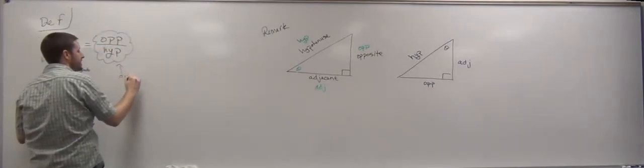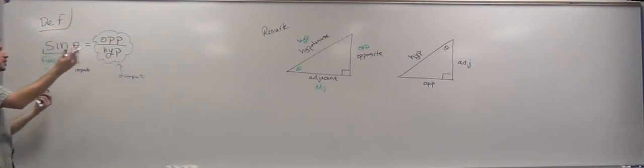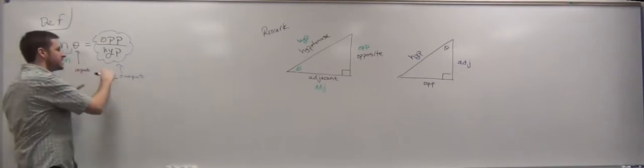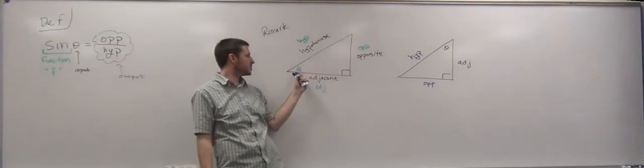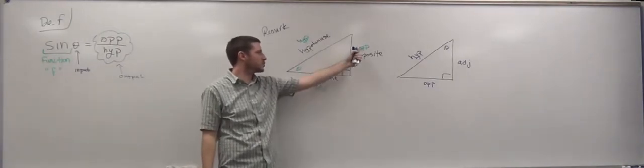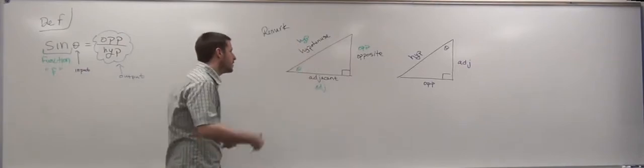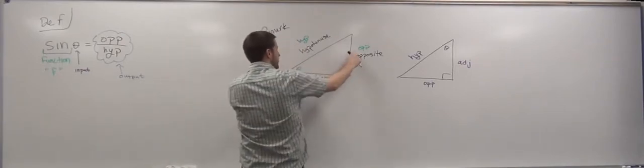In order to make any sense out of this, you have to have a right triangle. If you don't have a right triangle right now, this doesn't make sense. But what it's saying is in this right triangle over here, sine of this angle theta is equal to whatever this number is over whatever this number is. And you go on and you can pick combinations, right?